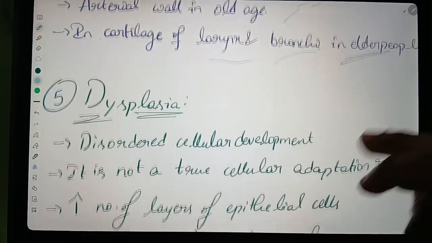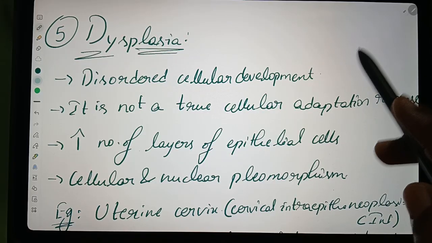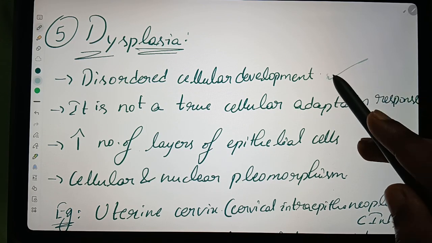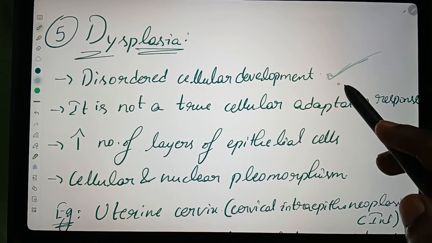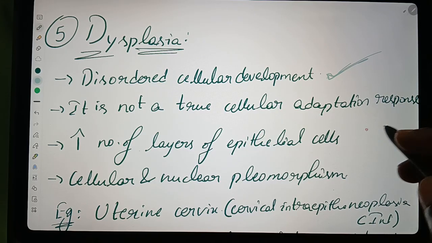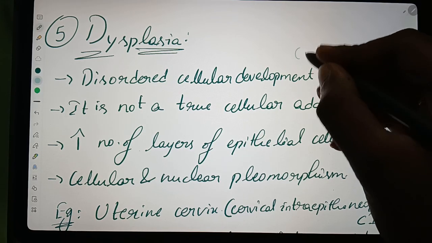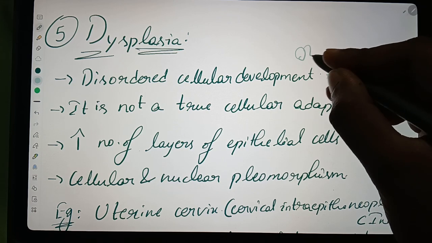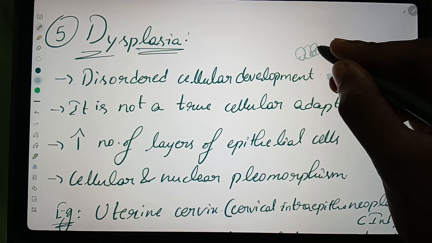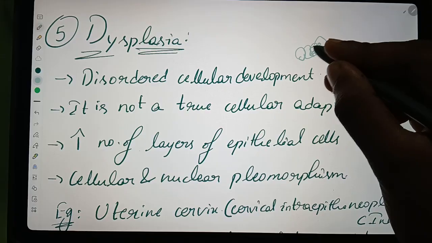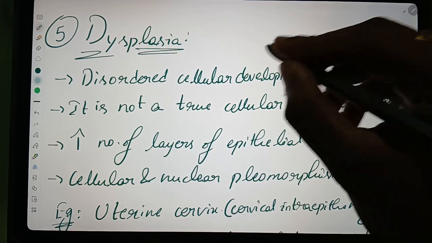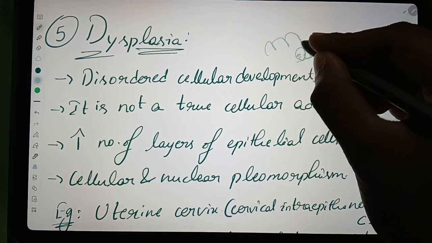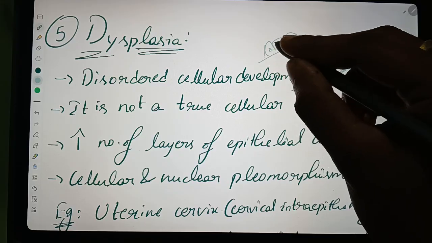Coming to dysplasia, it is disordered cellular development, that means the cells do not grow properly. There will be irregular development, with small and large cells, and not all cells will be of regular size.